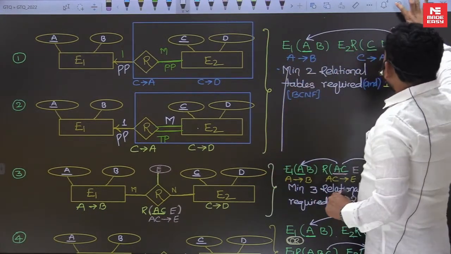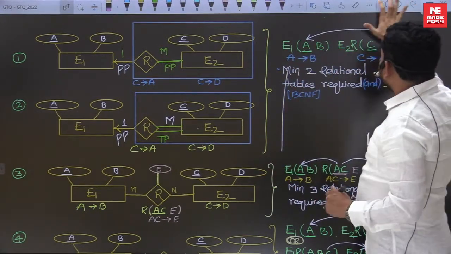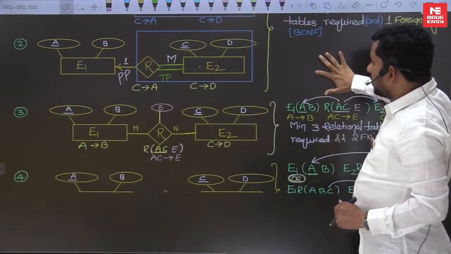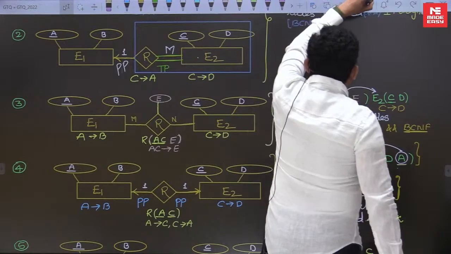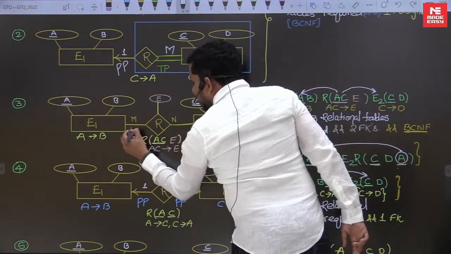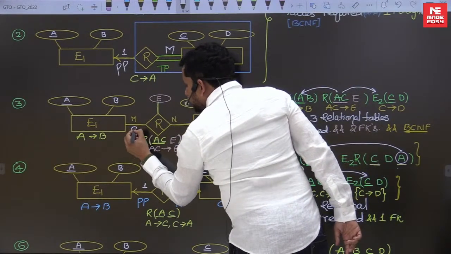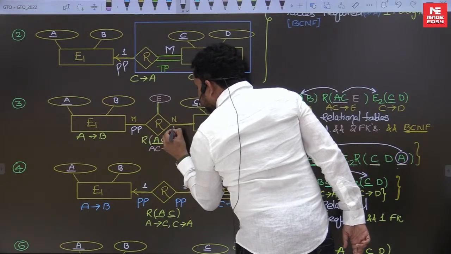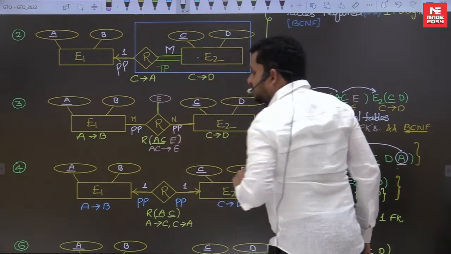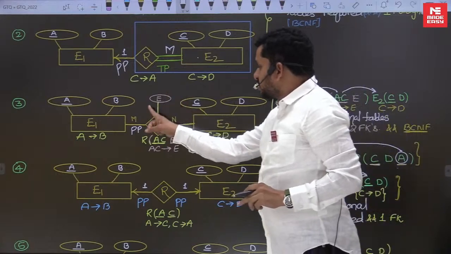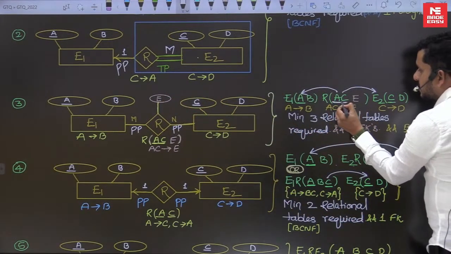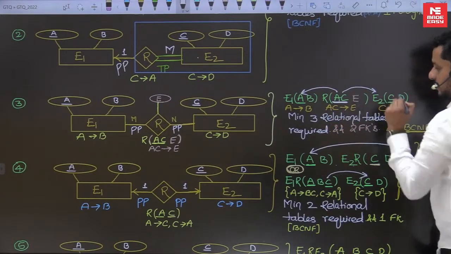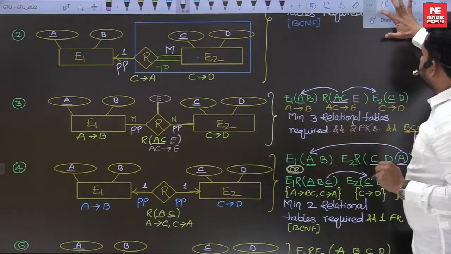Next, many-to-many mapping with partial participation at both sides. In this scenario, the relationship should be a separate table, and A and C combined become the key.